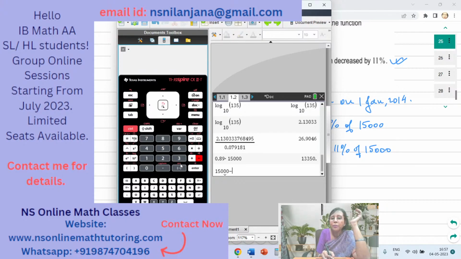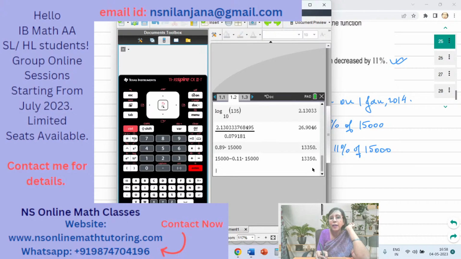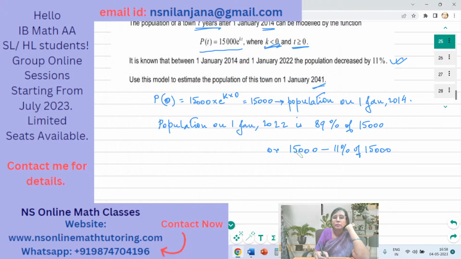minus 11%, which is 0.11, 0.11 times 15,000. You get the same value as was expected. Okay, 13350 is equal to 13350.